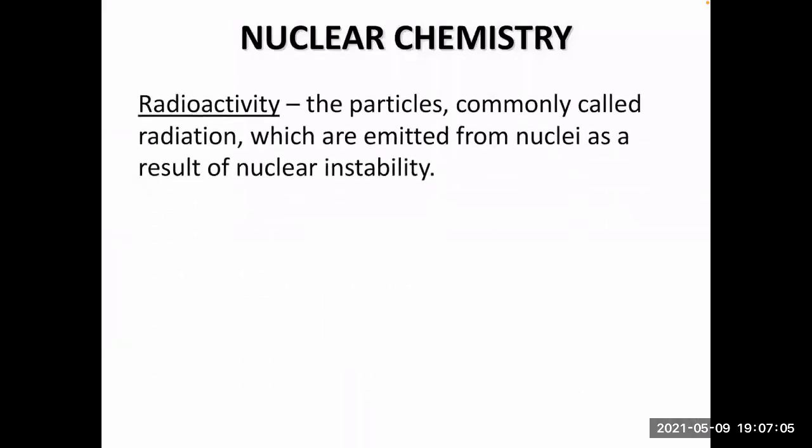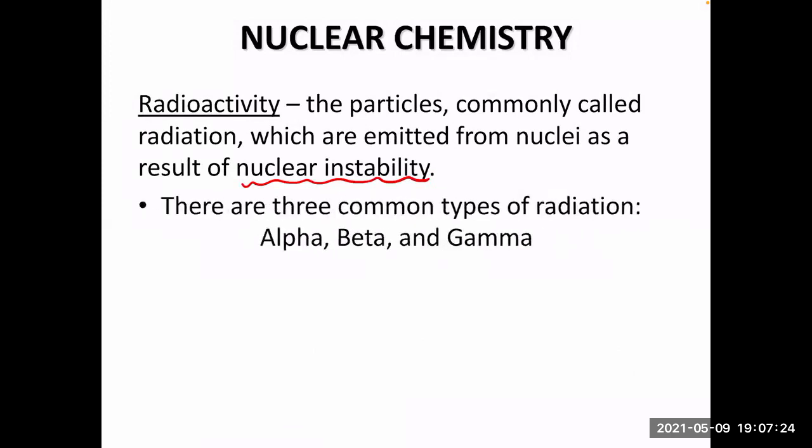So by definition, radioactivity is the particles, commonly called radiation, which are emitted from nuclei as a result of nuclear instability. So this nuclear instability is really what causes something to become radioactive. There are several different types of radiation, alpha, beta, and gamma.